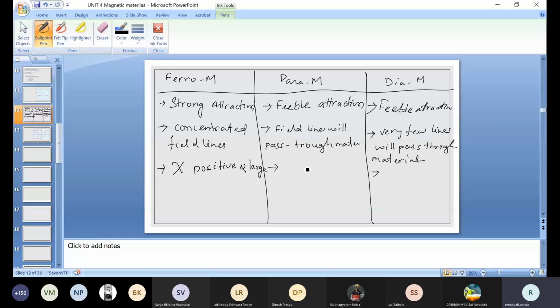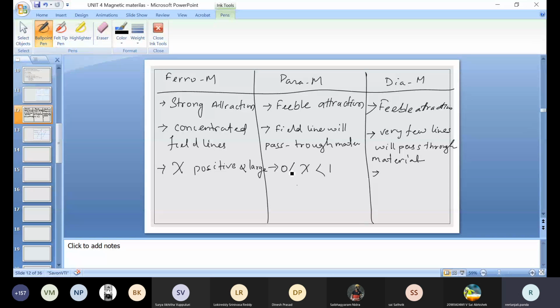Positive means it lies between 0 and 1. So here the susceptibility is more than 0, that means positive, but less than 1.